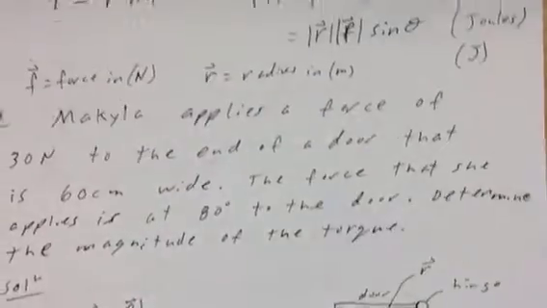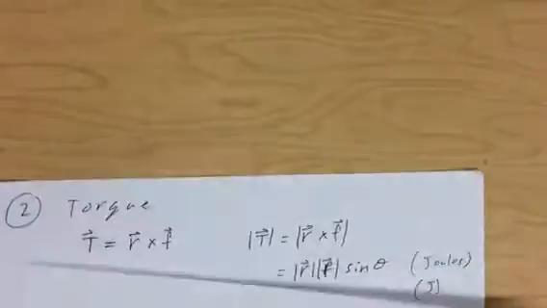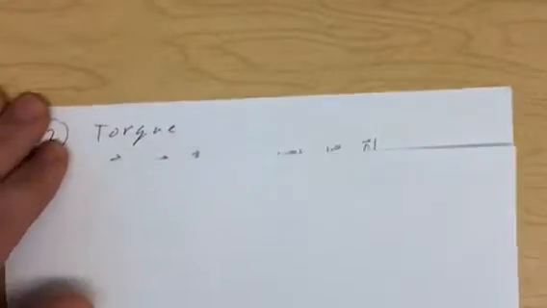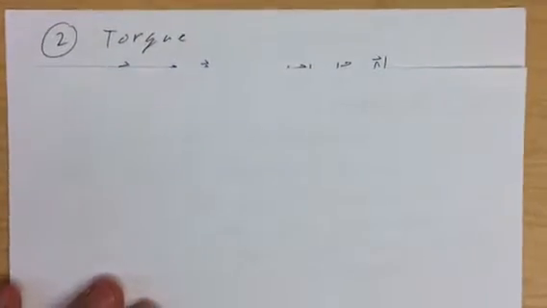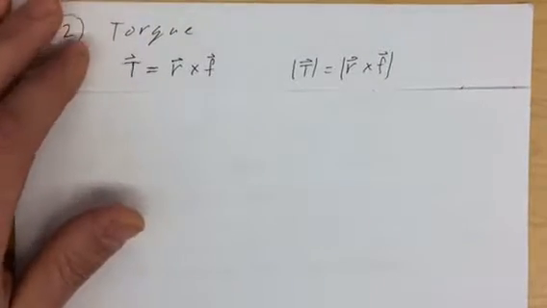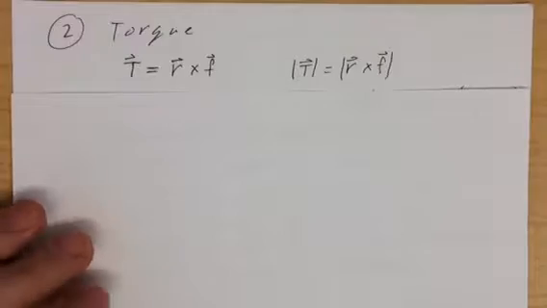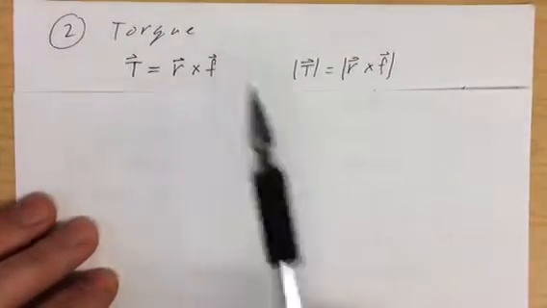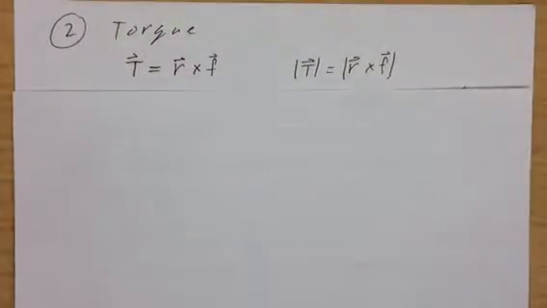Another example, this one is an application of cross product: torque. Torque is defined as r cross F. What we have is the radius from some axis of rotation to where a force is being applied.